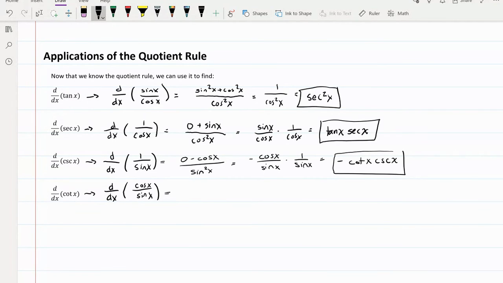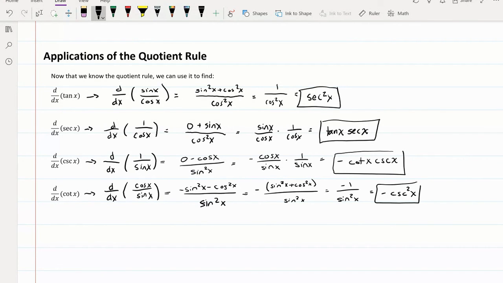Lastly, we're going to get negative sine squared of x minus cosine squared of x over sine squared of x. And if I factor out my negative here, my numerator, once again, is a Pythagorean identity. So I can simplify this to negative 1 over sine squared of x, negative cosecant squared of x.